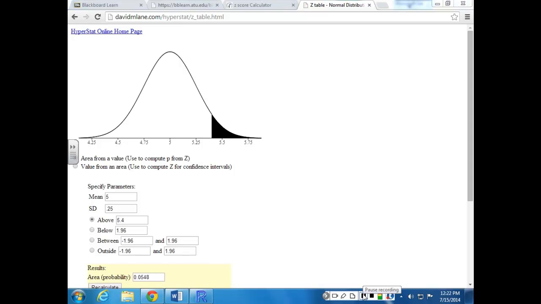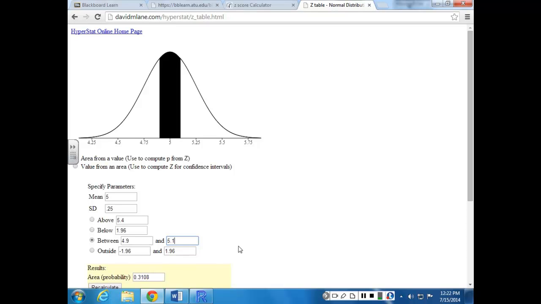For number 8, we're going to be between 4.9 and 5.1. And did you guys get something close to 0.3108 when you tried that one?